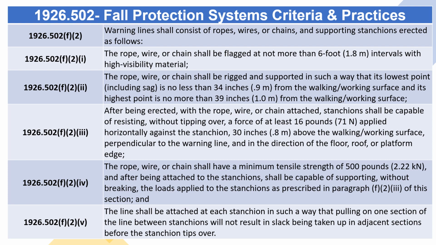The rope, wire, or chain shall have a minimum tensile strength of 500 pounds (2.22 kN), and after being attached to the stanchions, shall be capable of supporting, without breaking, the loads applied to the stanchions as prescribed in paragraph (f)(2)(iii) of this section. And the line shall be attached at each stanchion in such a way that pulling on one section of the line between stanchions will not result in slack being taken up in adjacent sections before the stanchion tips over.